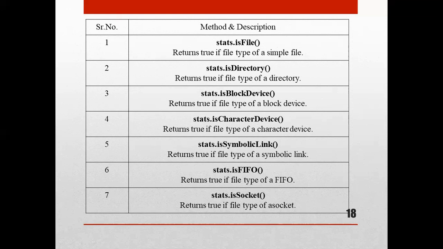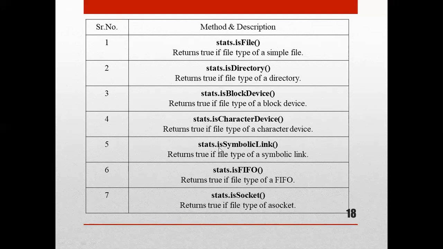Then stats.isBlockDevice, it will return true if the file type is a block device. stats.isCharacterDevice, it will return true if the file type is a character device. These are some methods that we can use with the file or directory.